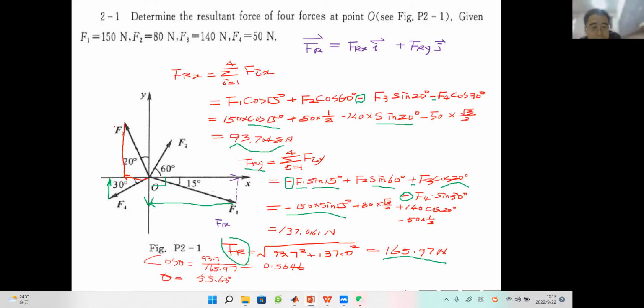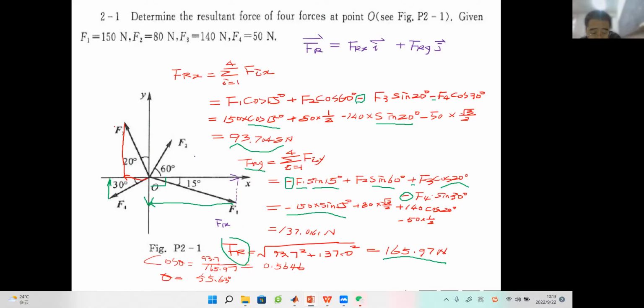Its magnitude will be F1 times cosine 15. Its direction is along the positive direction of the x-axis, so the sign is positive, and we do not need to write it because it is positive.